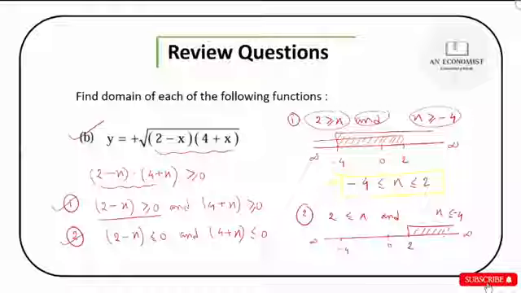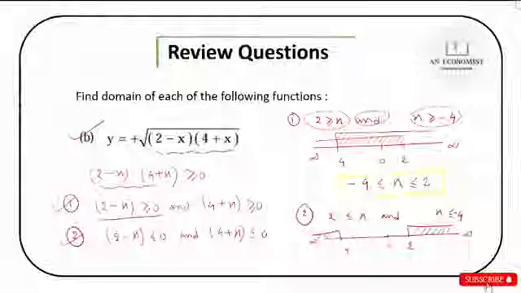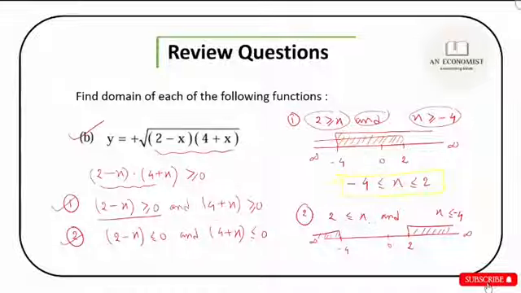And x is less than or equal to minus 4. Now is it possible that for any value of x, x is simultaneously greater than 2 and less than minus 4? It is not possible, right? Here we can do this because there is a common part, an intersection portion. But here there are two distinct regions and one particular value of x cannot be in two distinct regions, right? So this case is not possible.